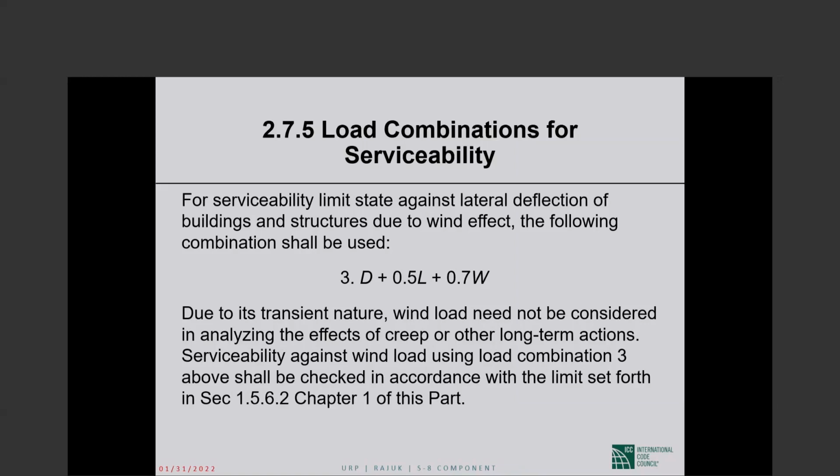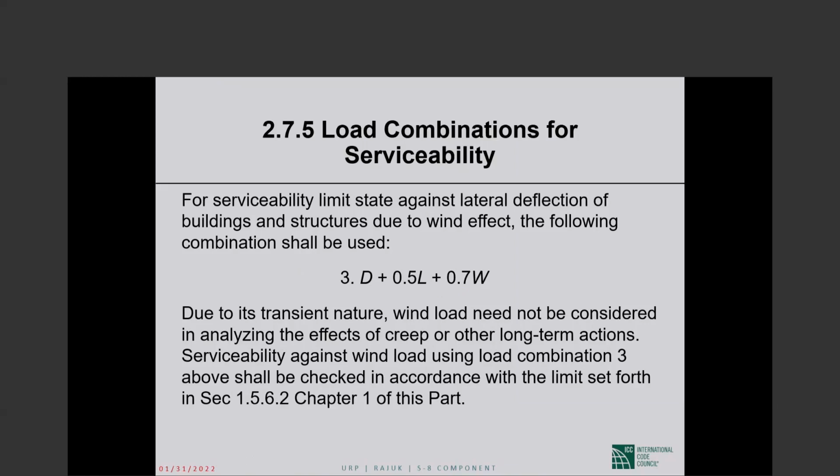Okay? Serviceability against wind using load combination 3 above shall be checked in accordance with limits set forth. We will go back to the table. Okay? Now, why is it 0.7 W? Wind is already so-called service level. Remember, in strength design, we multiply that by a load factor of 1.6.